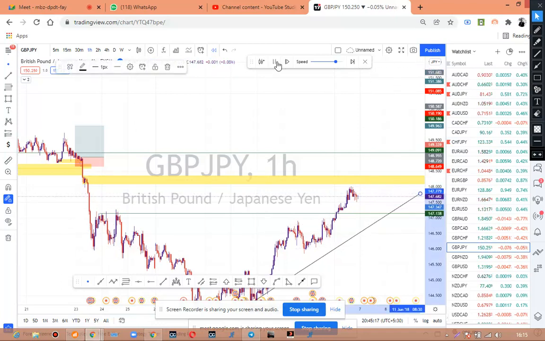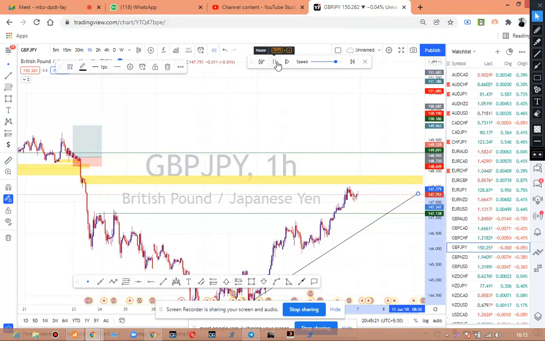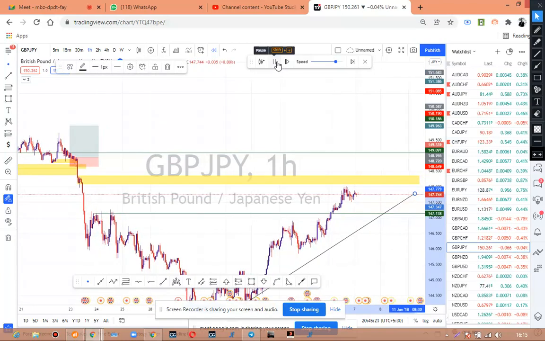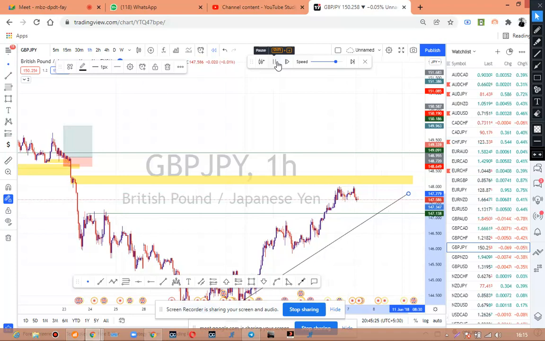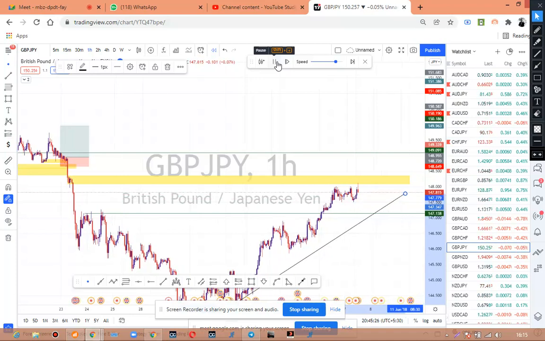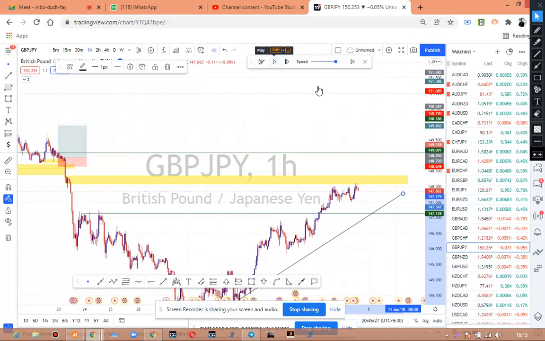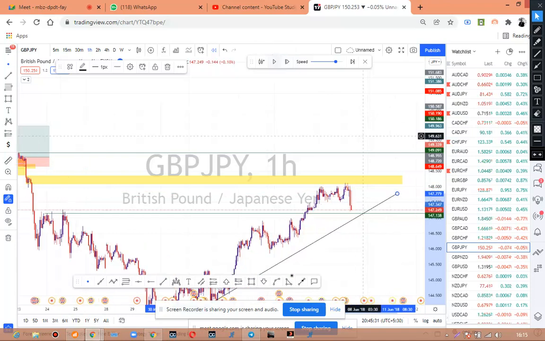So let's play out and see if the market is going to touch the supply zone. Okay, it has already touched the supply zone.